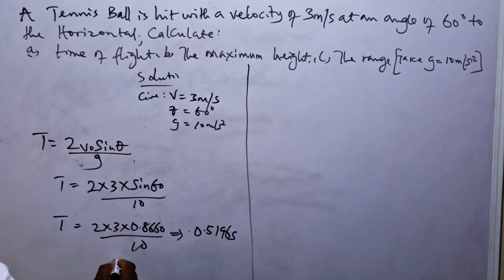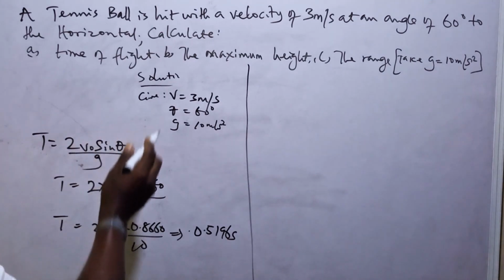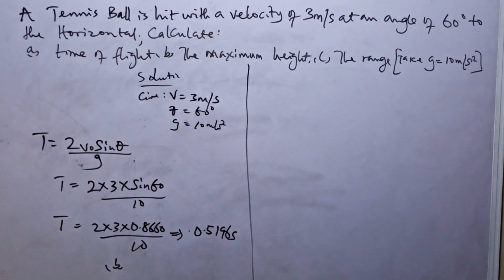Now, B here is the maximum height. Maximum height is denoted as Y max, and Y max is denoted as v naught squared sine squared theta over 2g.